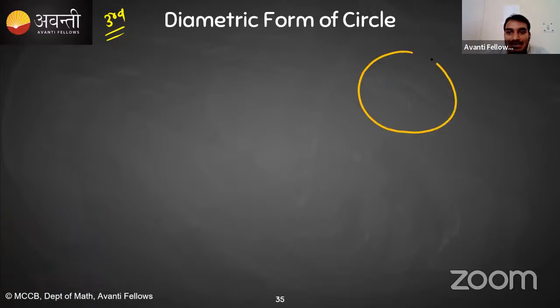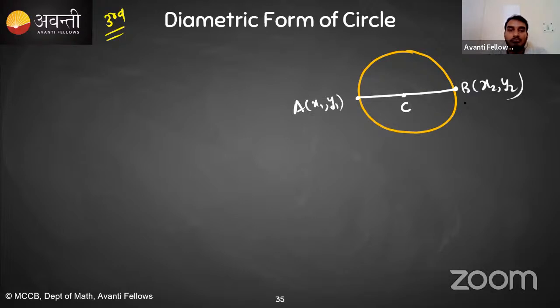Let's say this is a circle, we don't know what circle it is, but the one piece of information being given is that this is the center of the circle and the extremities of the diameter are given. Let's say point A is (x1, y1) and point B is (x2, y2).